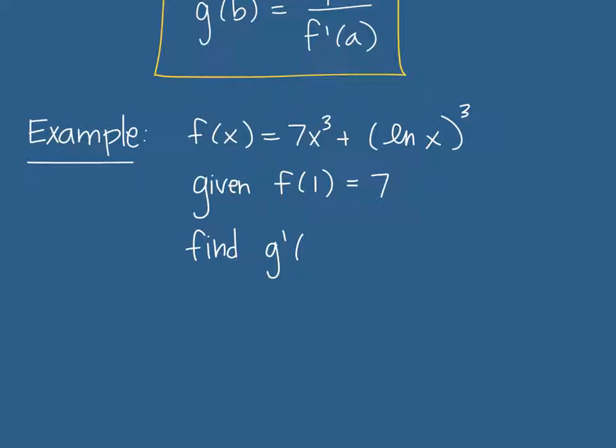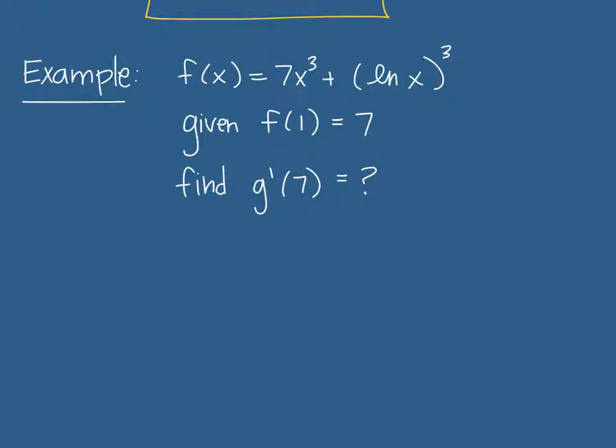G prime is going to be of 7, not of 1. So the definition of g prime of 7 is the reciprocal of f prime of what number? 1. The value of g prime of 7 is 1 over f prime of 1. Not of 7 again, but of what 7 is paired with.